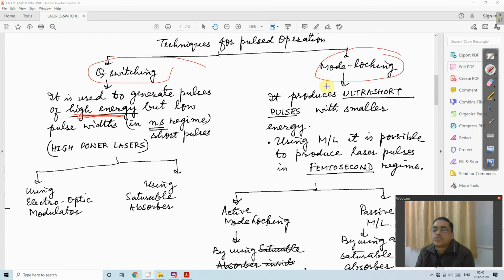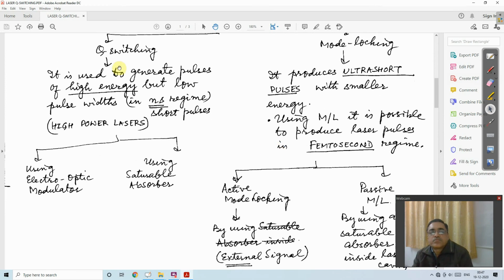Mode locking is used to produce ultrashort pulses with smaller energy. With mode locking, it is possible to produce lasers in the femtosecond region, that means much narrower beams. Each method has its pros and cons, advantages and disadvantages, and applications as well.